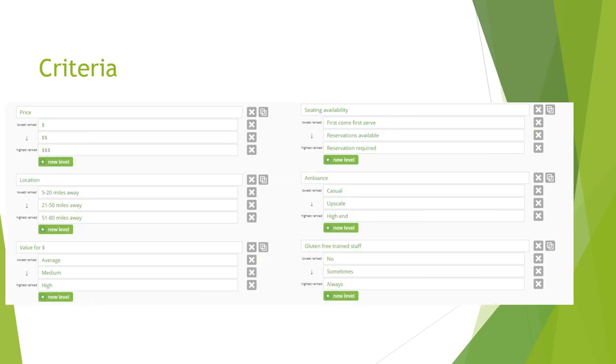So, in order to decide between these 6 restaurants, I had to develop criteria. The criteria that I focused on was price, location, value for money, seating availability, ambiance, and gluten-free trained staff.